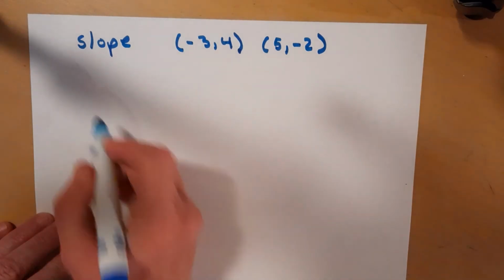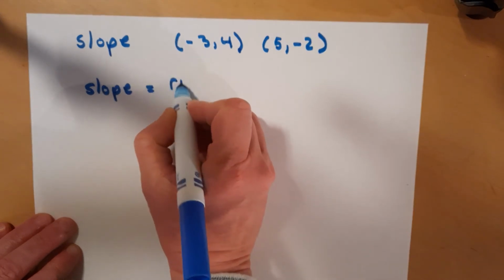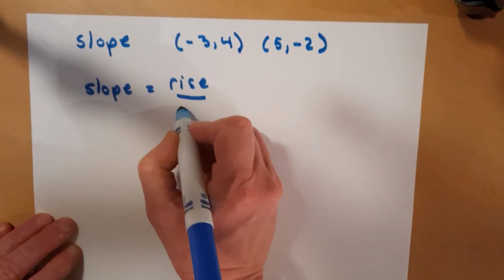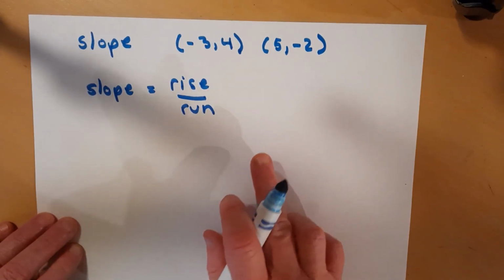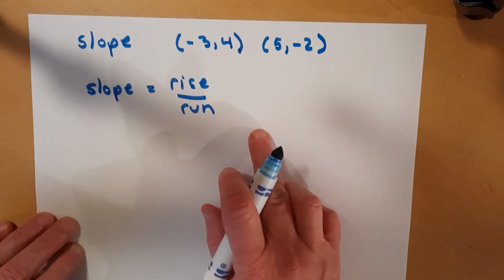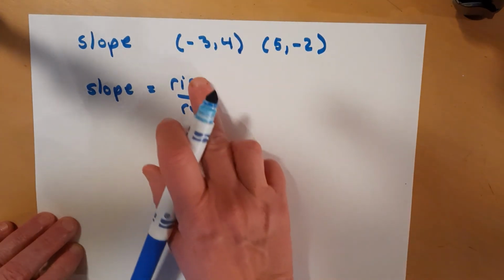You just have to remember that the slope equals the rise over the run. That just means the slope of the line tells us for every amount that it goes up, it goes over this amount, the rise over the run.